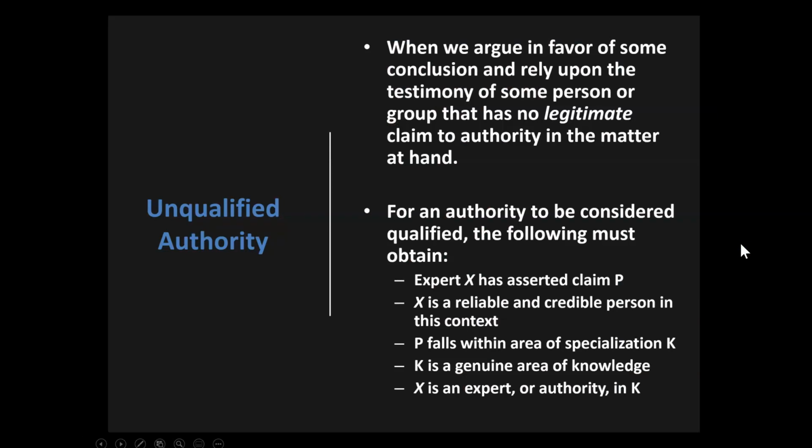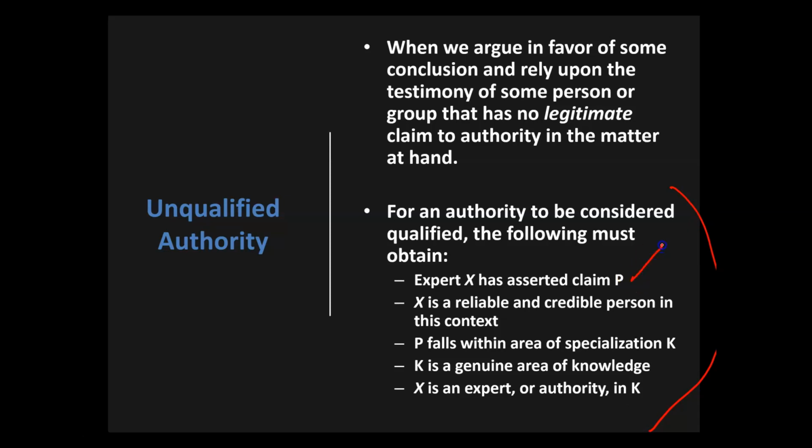Okay, next up, unqualified authority. That's when we argue in favor of some conclusion and rely upon the testimony of some person or group that really has no legitimate claim to authority in the matter at hand, right? So just to refine this a bit, for an authority to be considered qualified, the following must obtain.